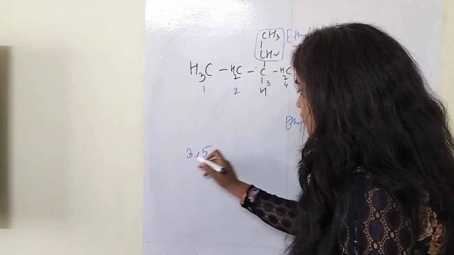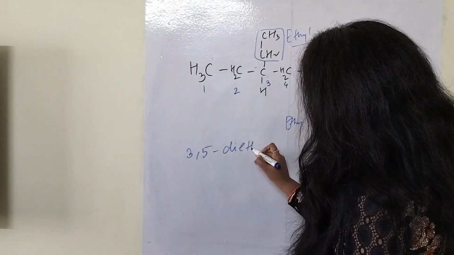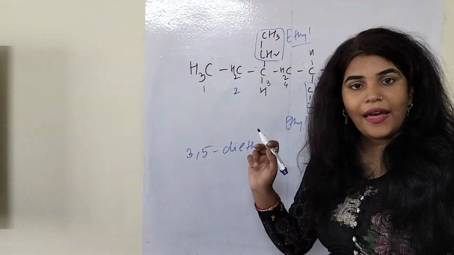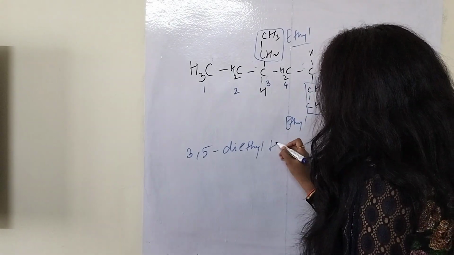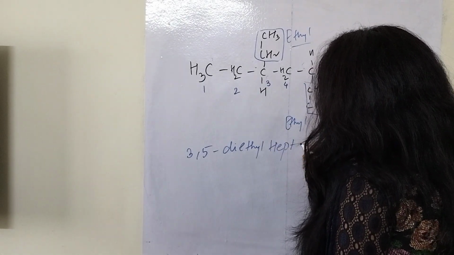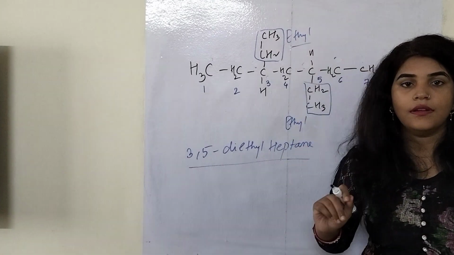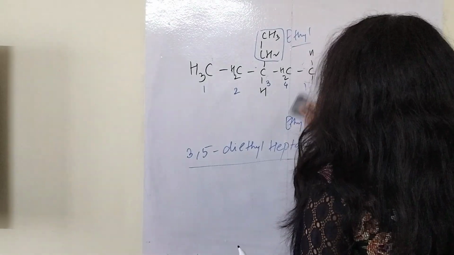So 3,5-diethyl, and what is this longest carbon chain? Hept-, so we will write it, and they are single bonds, so we can name it heptane. This is the name of this compound.